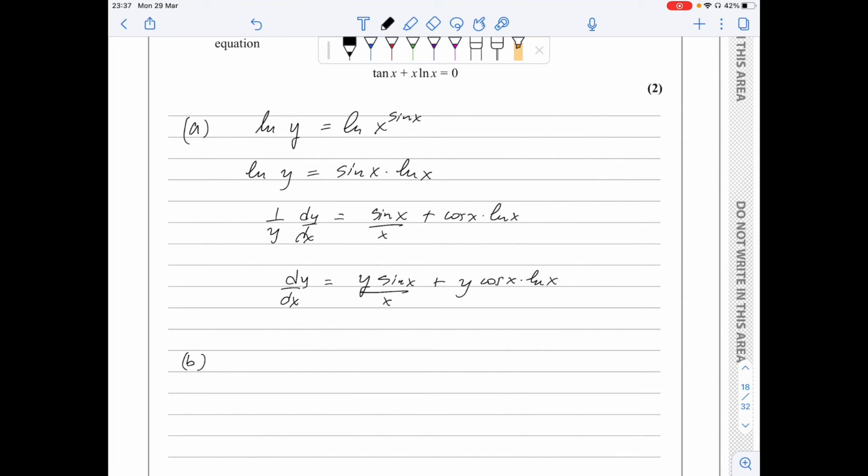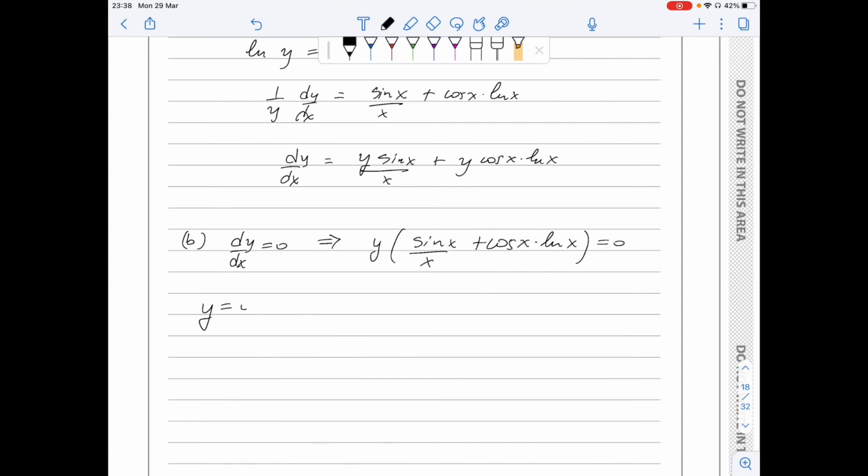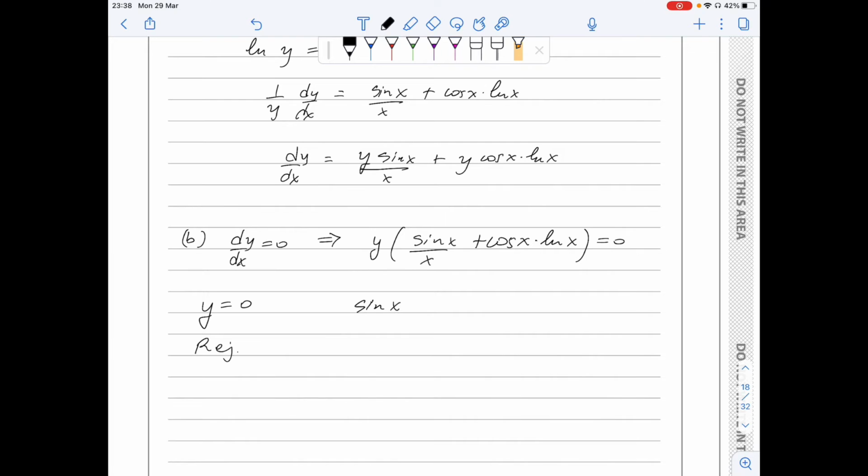Then in part B, I will set dy/dx equal to 0. So y brackets, I'm going to factorize y out. Sin x over x plus cos x times ln x is equal to 0. So either y is equal to 0, which I will reject because y is positive, or sin x over x plus cos x times ln x is equal to 0.